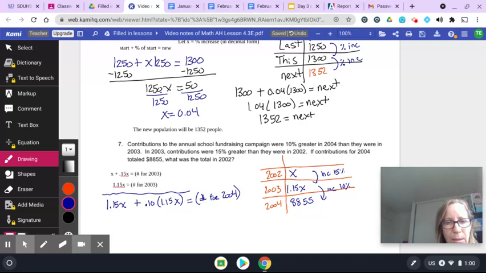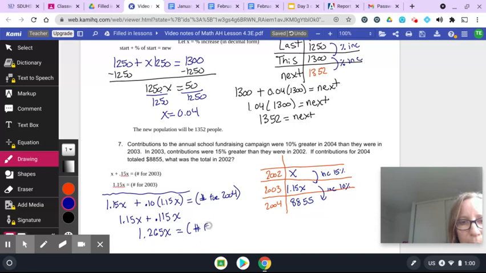Well, I can clean that all up. So here, this is 1.15X plus, when I multiply something by 10%, I'm moving the decimal over, 0.115X. I'm going to combine like terms. I get 1.265X is equal to my number for 2004.